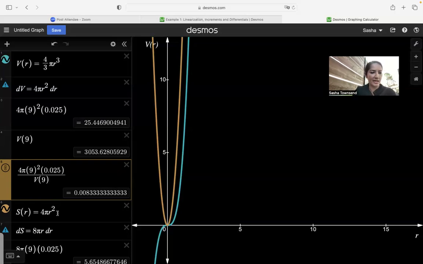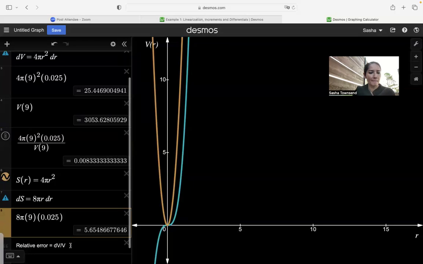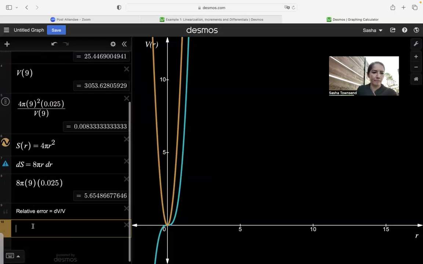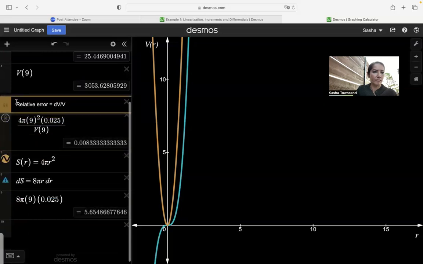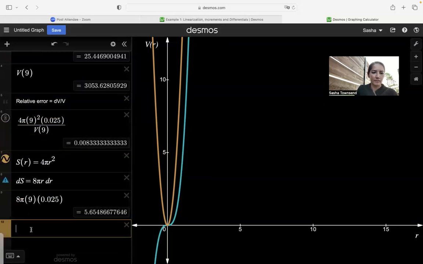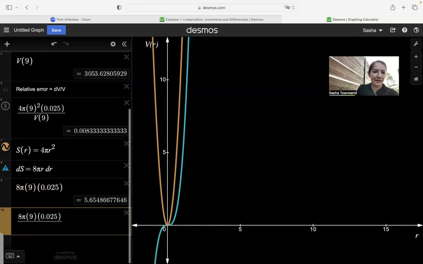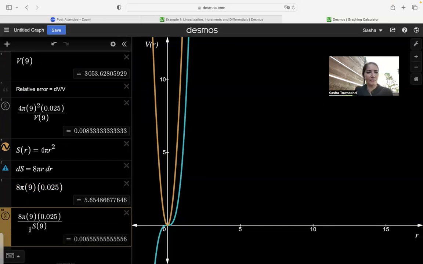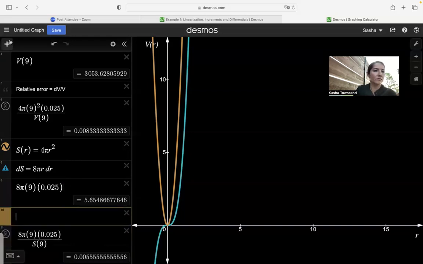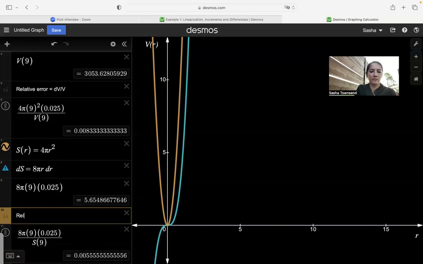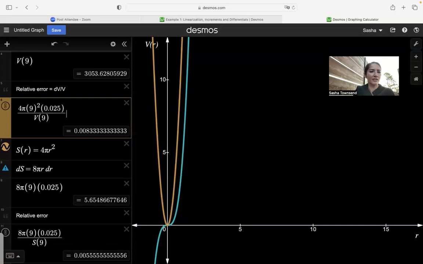And then if we take that ds, so that's this value, and then we divide it by the surface area at r equals 9, we get a relative error for that one as well. And you say, well, how big is that? If you want, you can multiply by 100 to get percent error.